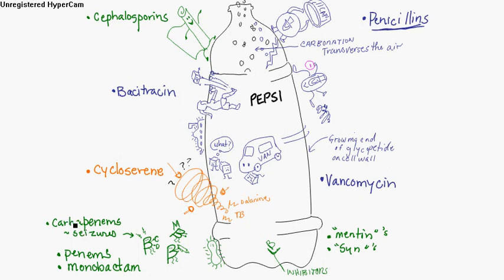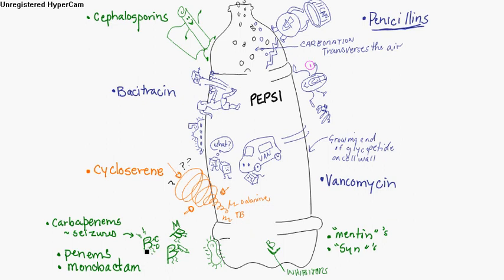Right here we have the Beta-Lactam antimicrobial agents. These are the monobactams, penems, and carbapenems. You've got an M here on the back of this Beta-Lactam, and so that's the monobactam. And then you get the penems and the carbapenems.